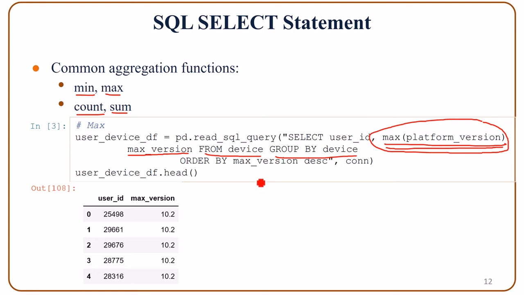So for each device, print the user ID and platform version that has a max value, and also order by max version in descending order. This is what we have, which is the top 5 records.